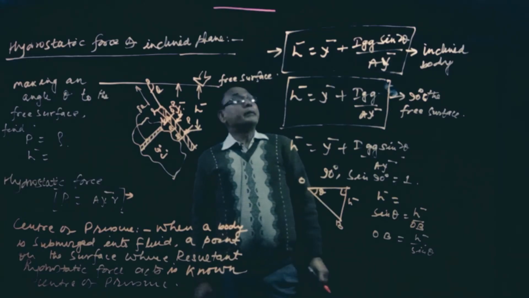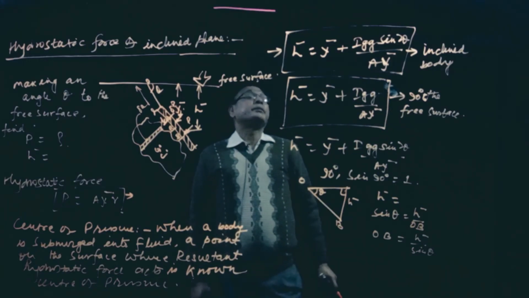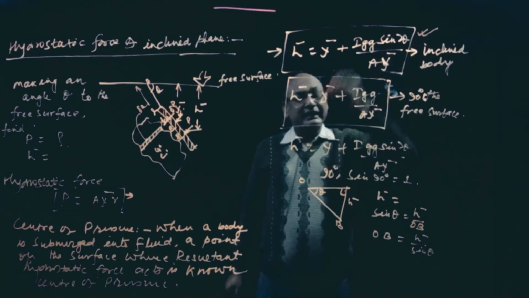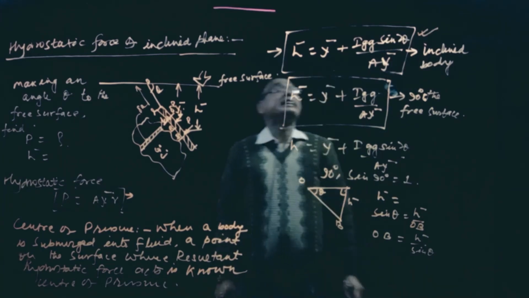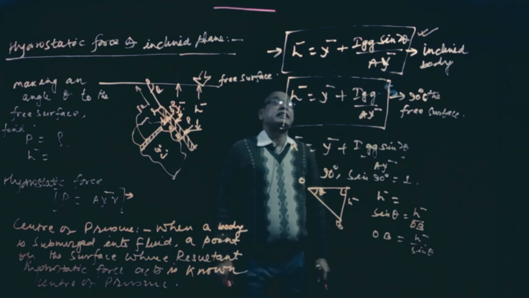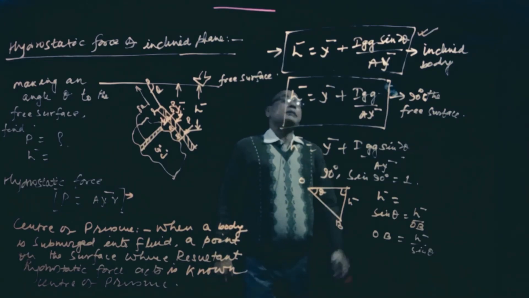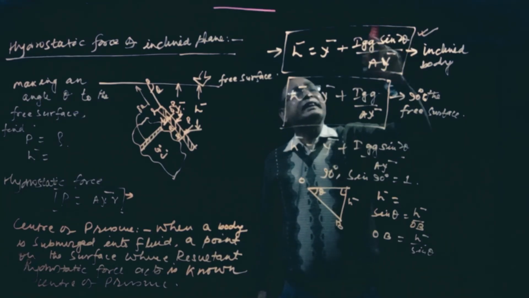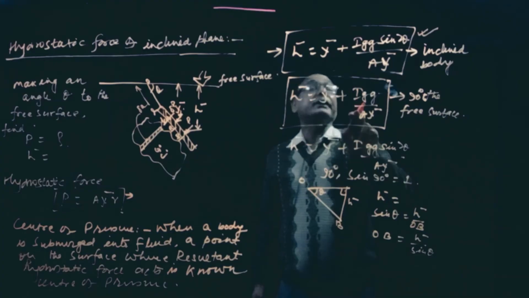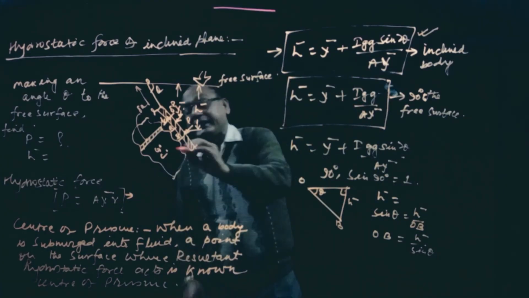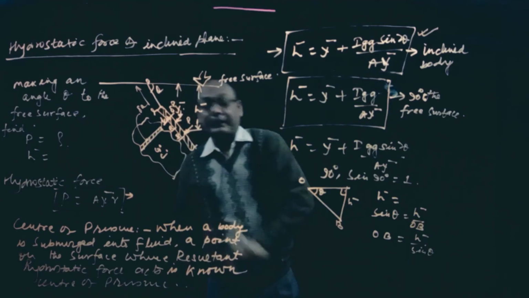So remember, I always advise you to remember this equation. If it is subtended at angle theta, then h dash is equal to y dash plus IgG sin square theta by A y bar. And if theta is 90 degrees, sin theta becomes 1 and you get the other equation. Now the question is, why am I drawing the center of pressure below the center of gravity?